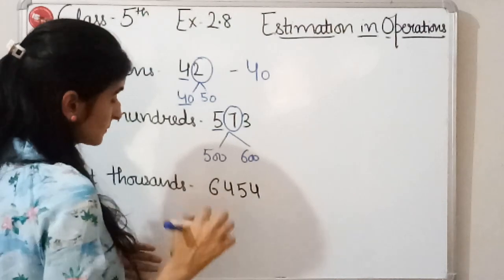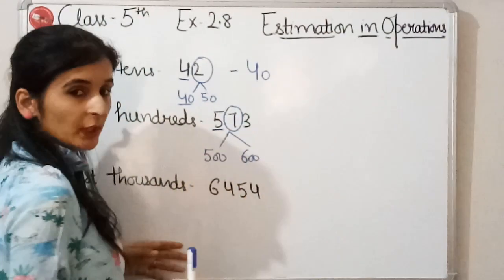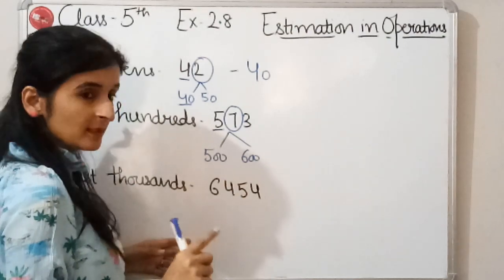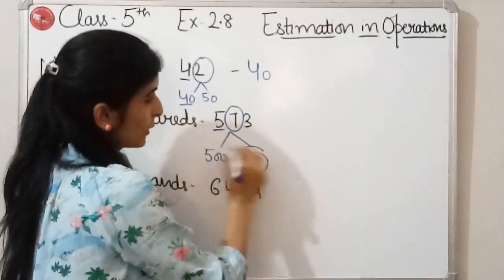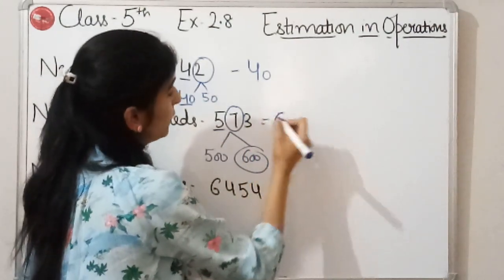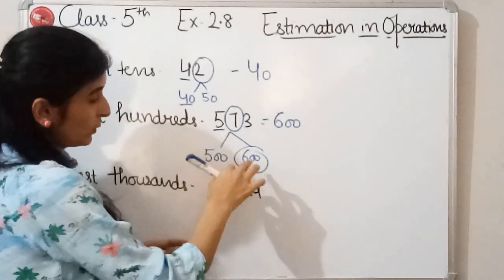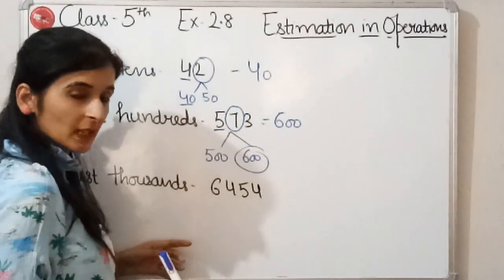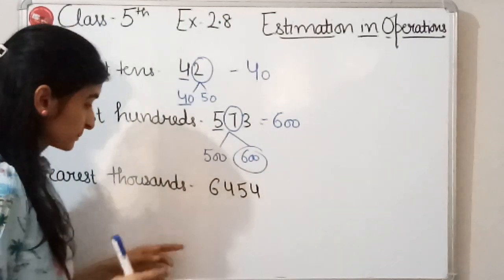Clear? After that, we have to compare this 7 with 5. This 7 is greater than 5. If it is greater than 5, then it will be rounded up. That means it will be rounded up to the next hundreds. So that will be equal to 600. So this is rounded up.